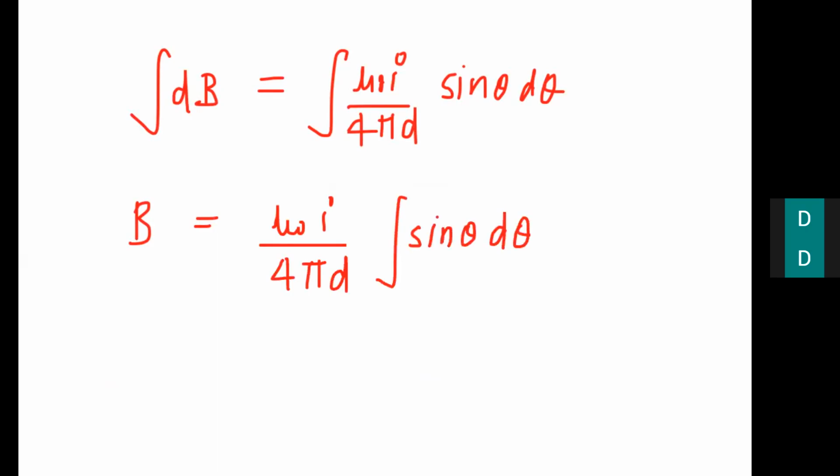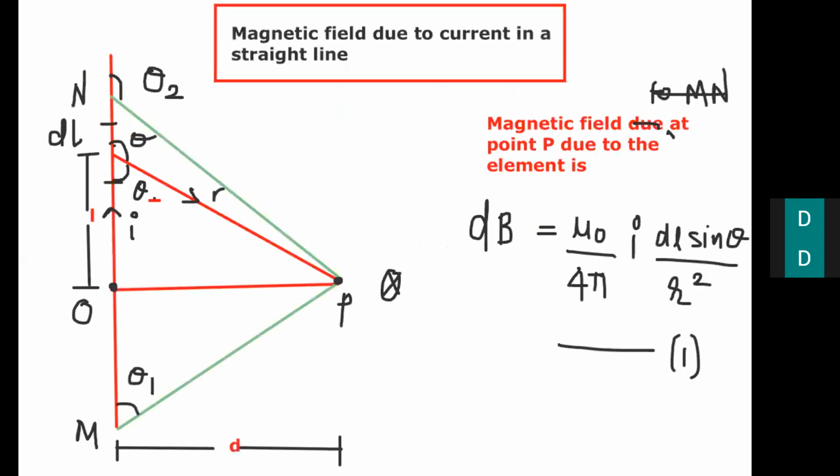Now this integration is from theta 1 to theta 2. These angles play a very important role in expressing the magnetic field at point P.